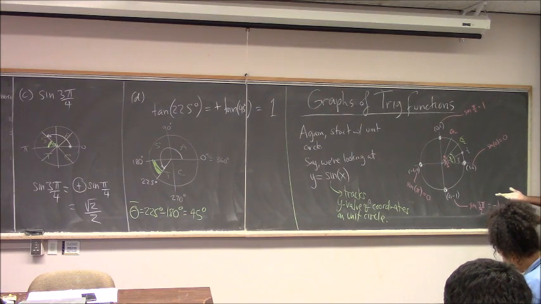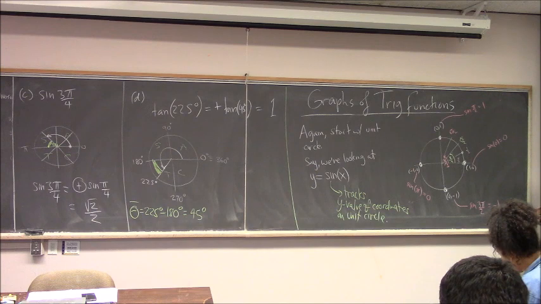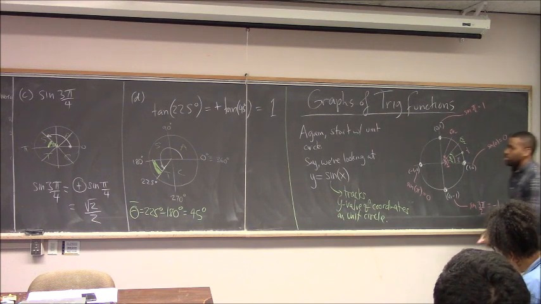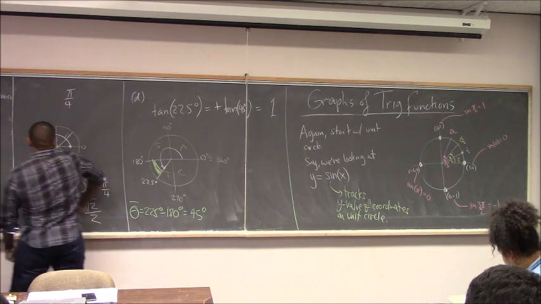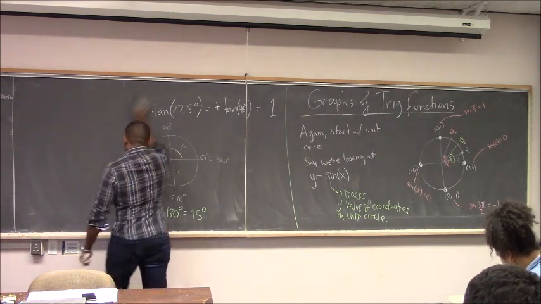Right? And so you can plot a bunch of points here. So when you're looking at the sine graph, you can start to plot points. And then, well, we're not going to do that because someone has already done it for us. So I'm pretty much going to tell you what the answers are.